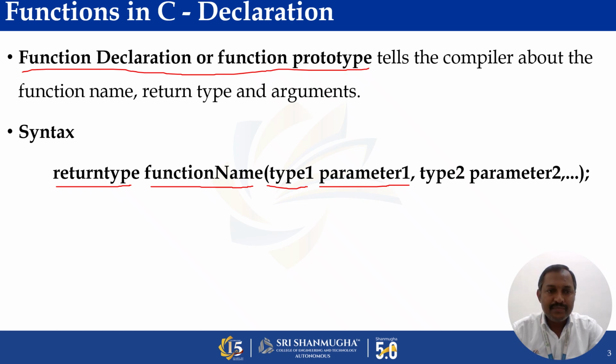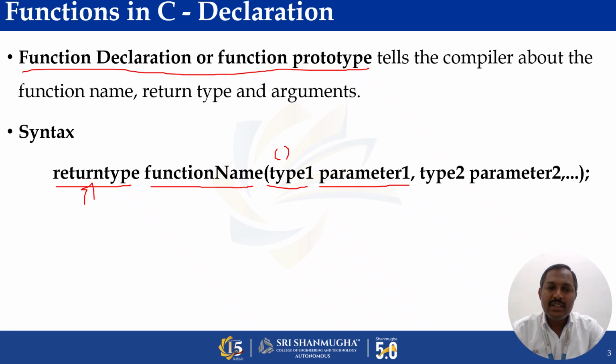In function declaration, the parameter name is optional, but we should give the data type. We can give one argument or multiple arguments as required; if not required, simply put empty parentheses.